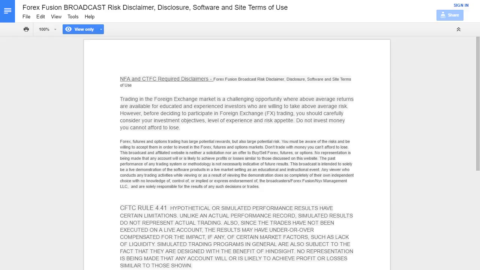Scanner alert. Buy Great British Pound Sterling Canadian dollar. Scanner alert. Buy Euro New Zealand dollar.